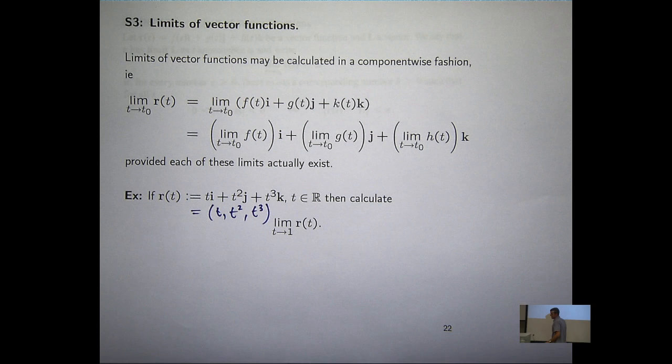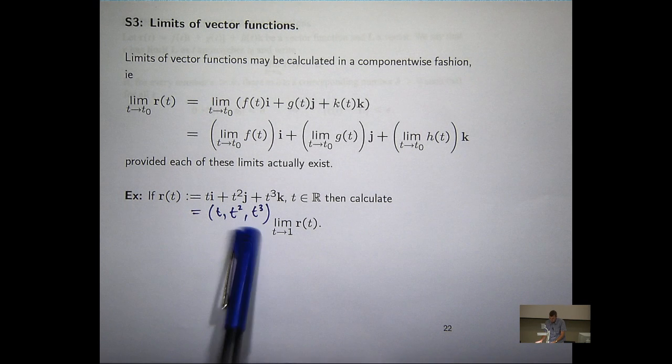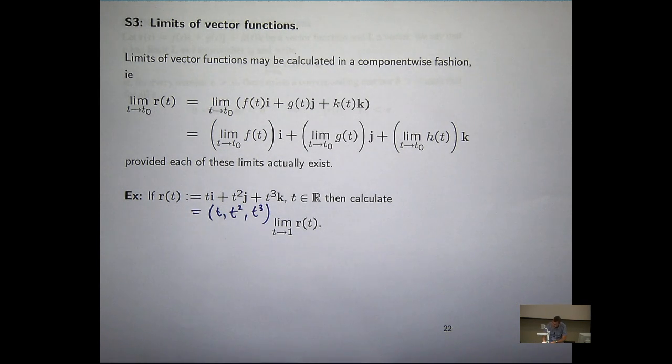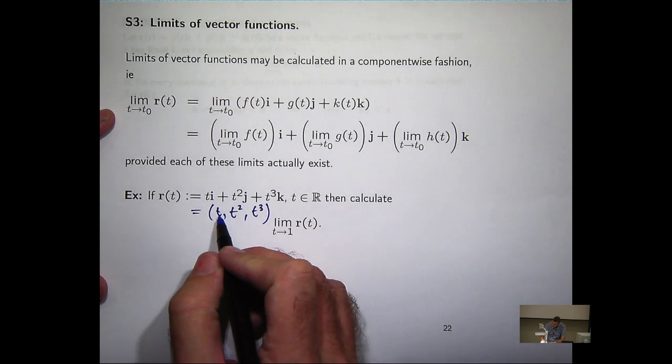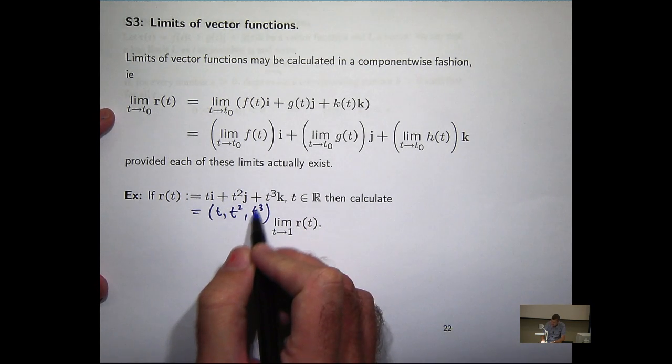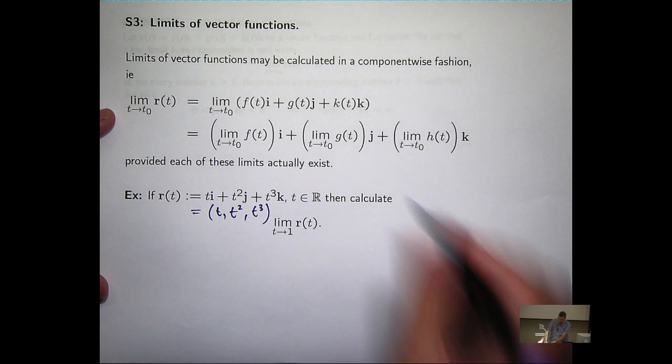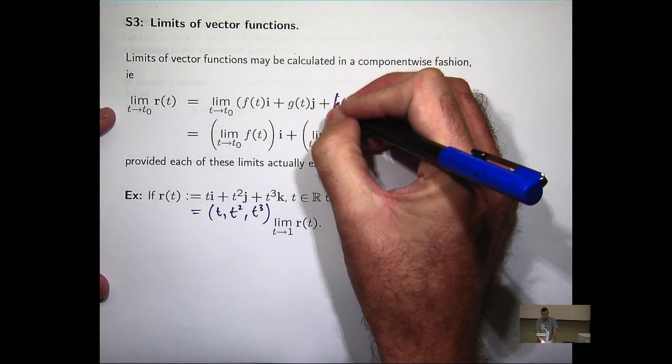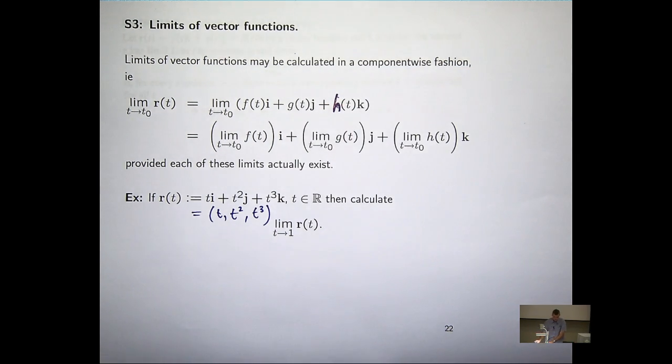You've got to write i, j, k, underline them, put a tilde underneath them. I just usually do my calculations with these ordered triples, right? So this would be your f of t, this would be your g of t, and this would be your h of t. Sorry, YouTube.